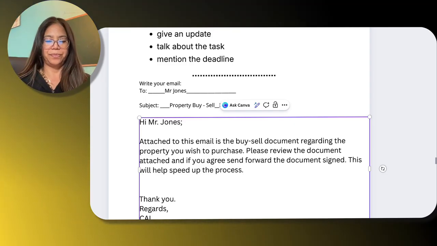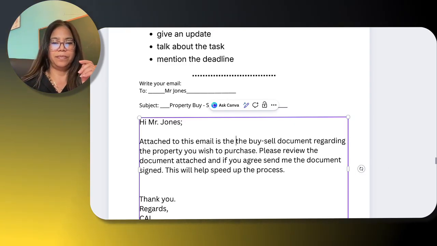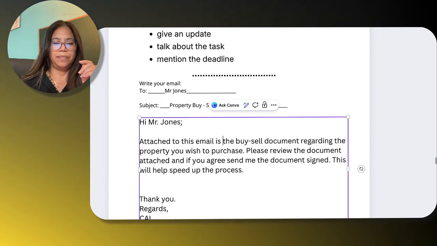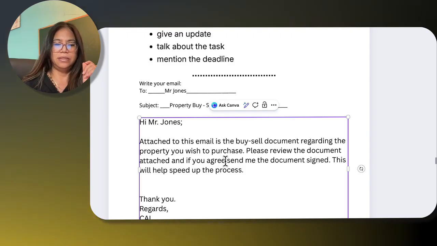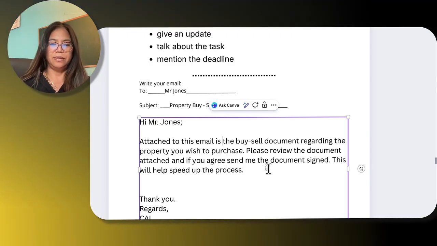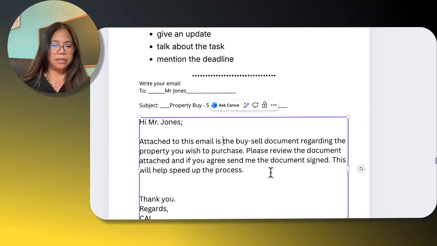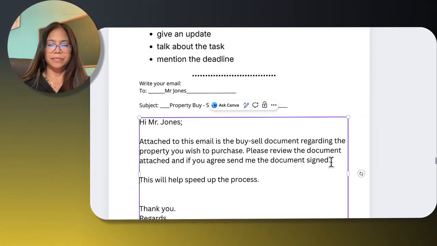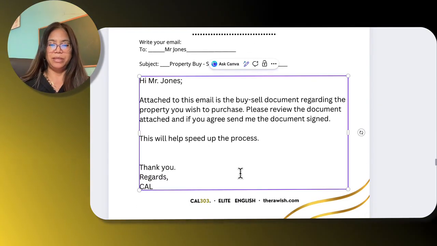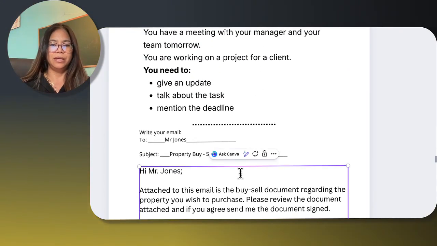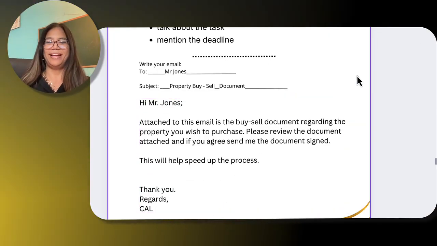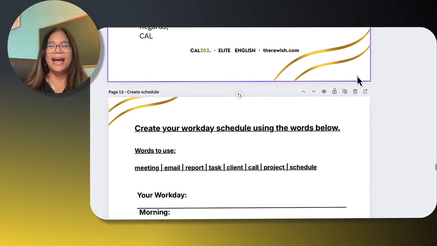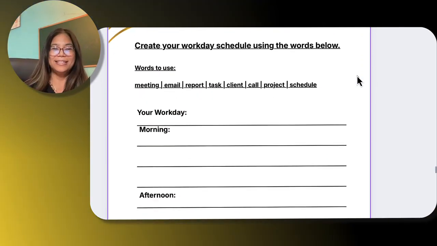No. If you agree, send me the document signed. Let's make some space here. This will help speed up the process. Kind regards. There we go. Done. Send. Where's the send button? Okay, there. This exercise is done. Let's continue with this one.